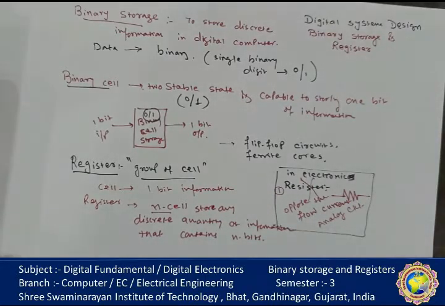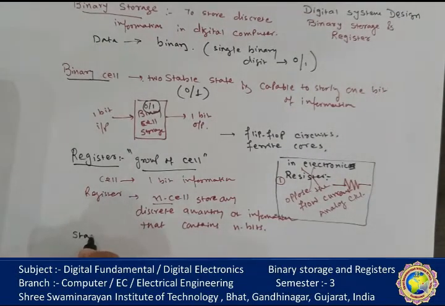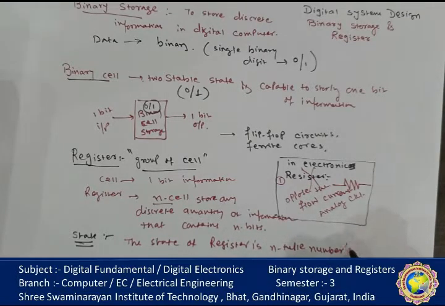Okay, so this is called a register, and state is the condition of the register, the value of the register, which is called the state of the register. It is an n-tuple of ones and zeros.